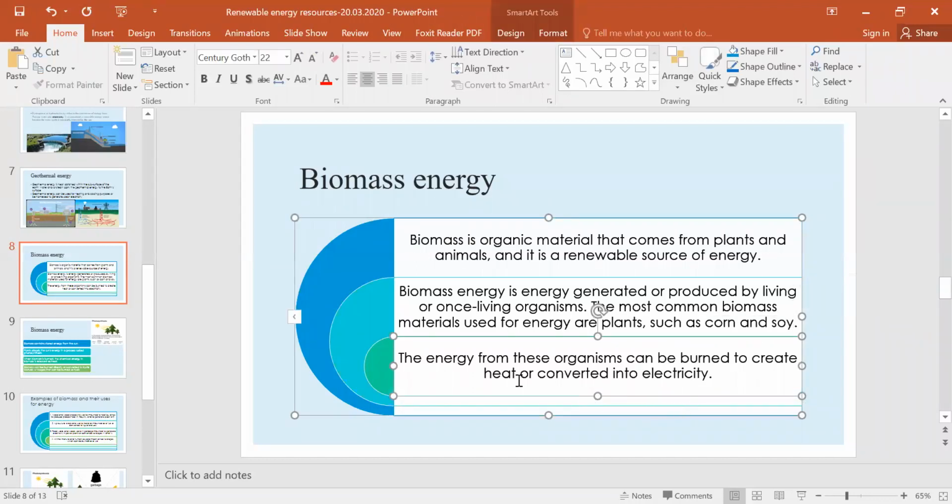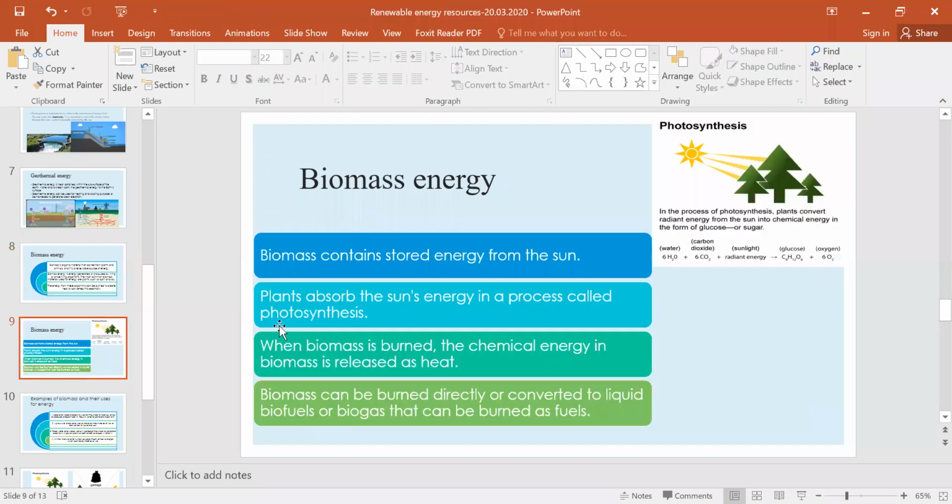The energy from these organisms can be burned to create heat or to convert it into electricity. Now, we know that plants absorb the energy from the sun by the process of photosynthesis.